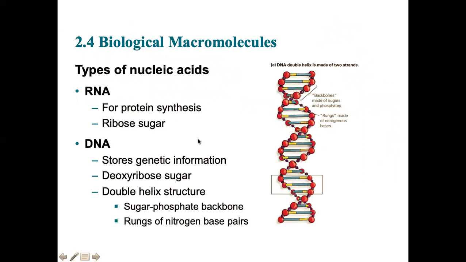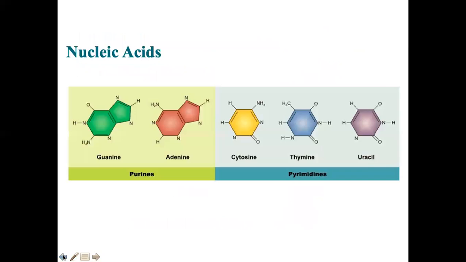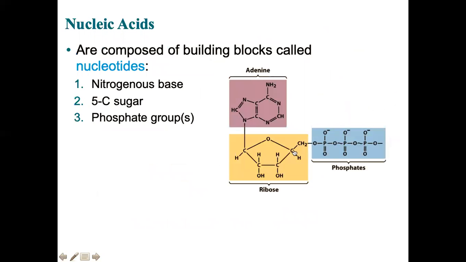And the sugar is different. You don't have to know this, but maybe it'll help you know one of the reasons why one's named DNA and the other's named RNA. The sugar is called a ribose sugar, and in DNA, this oxygen's missing.